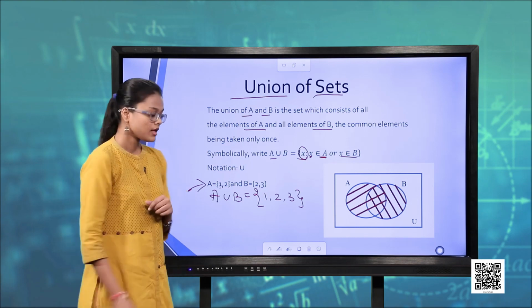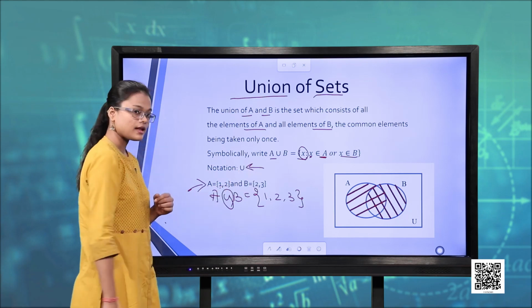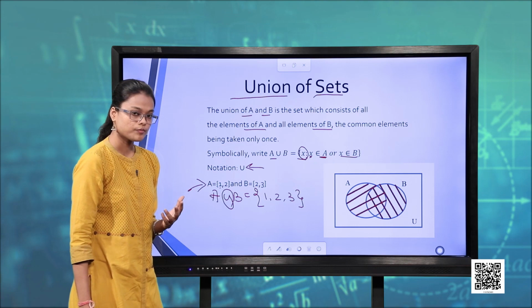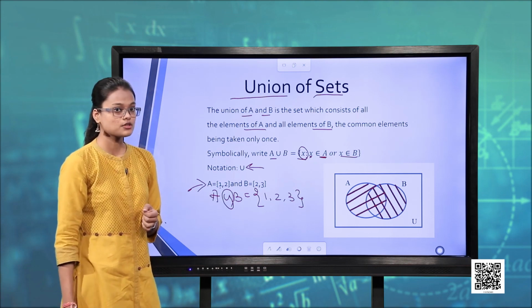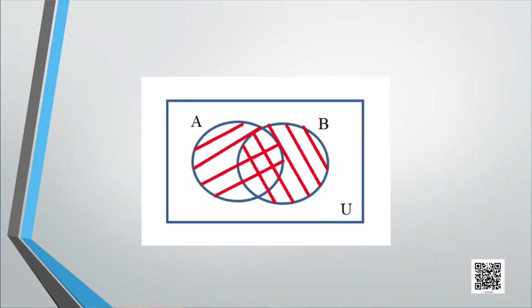Symbolically, the notation for union looks like the letter U. It is representing union. According to the diagrammatic representation, we can also represent union as you can see in this image.